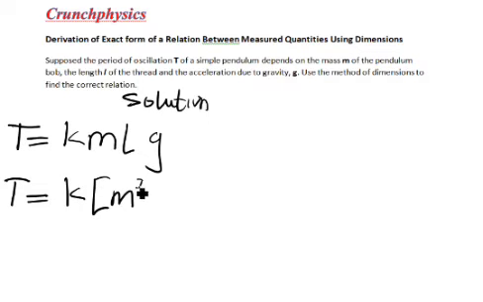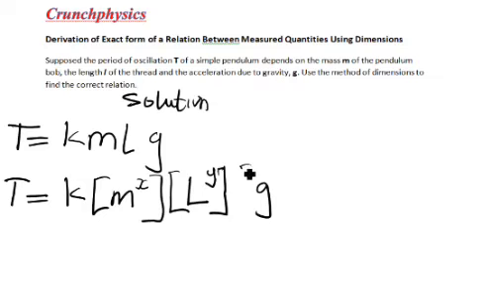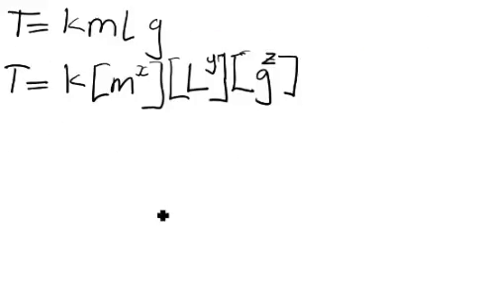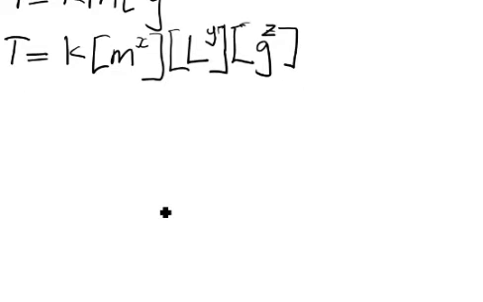We don't know what power it contains, so let's call it x, and then l, let's call it y, then I have g, let's call it z. Now in dimensions, we don't consider the constant, so we'll be neglecting this constant. And then I have the period.